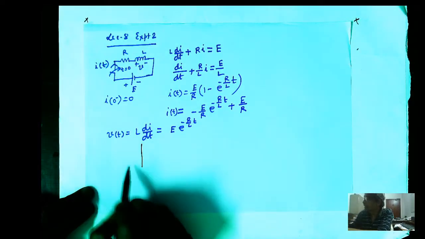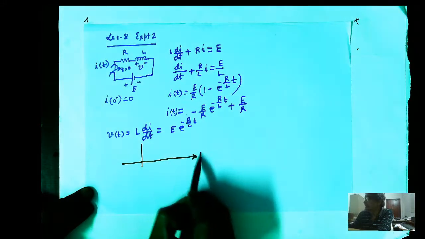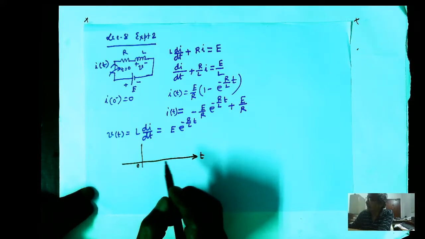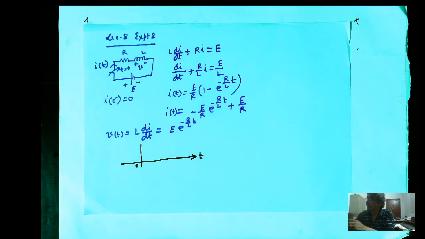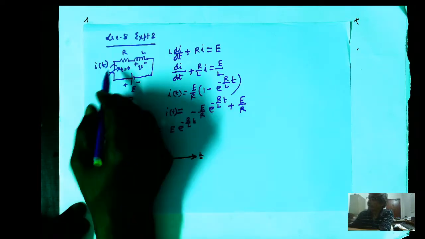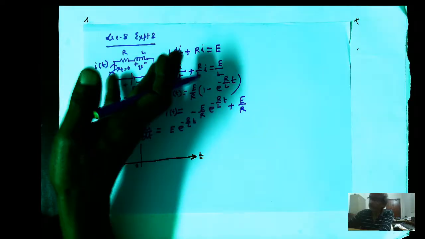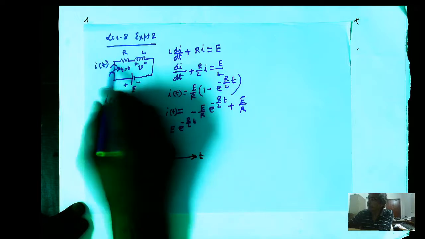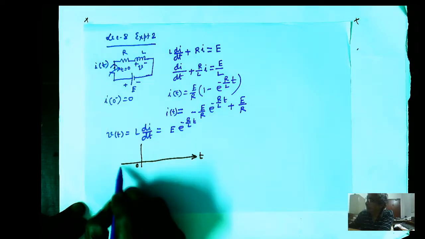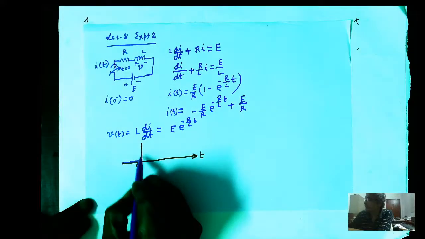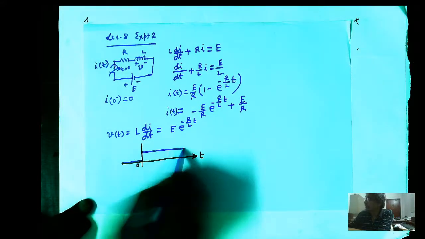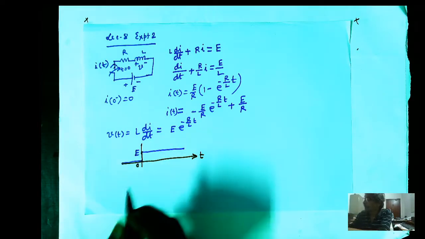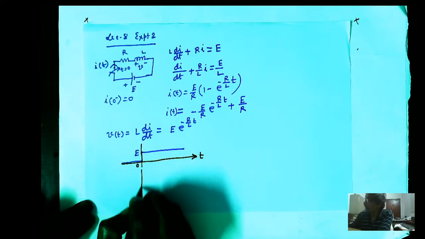you should sketch it like this. This is the time, this is t equal to 0, and this is the applied voltage. Applied voltage in this circuit was 0, not because shorted, but because there was no current existing, no voltage existent between these 2 points here. So it was 0, as if you have applied a stepped voltage of magnitude E. Then your current will be like this.